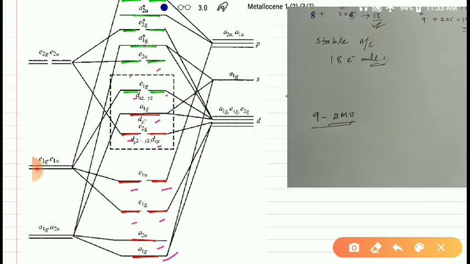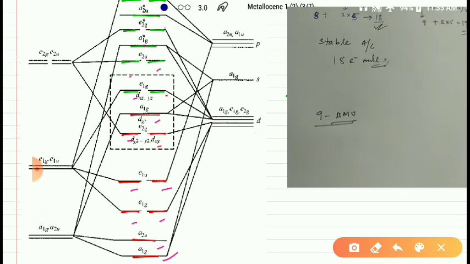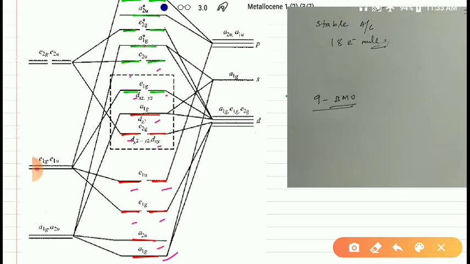We know that if some electrons are in the anti-bonding molecular orbital, that complex will not be stable, it is destabilized. The electrons present in the anti-bonding molecular orbitals can be easily removed, and that is why they react faster than those that have only bonding molecular orbitals.